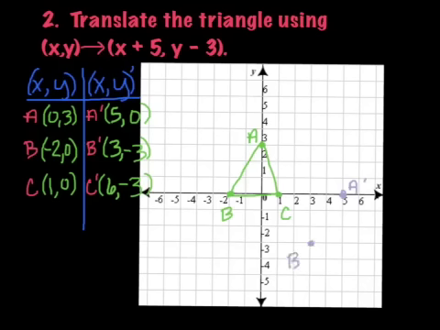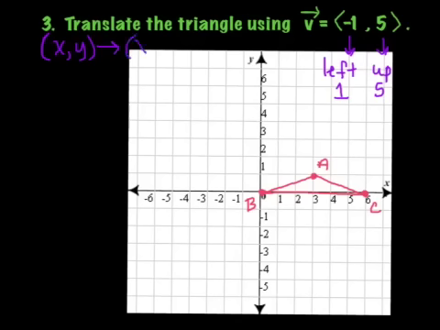And then this is up or down. Because it's positive, you'd actually go up 5. Okay? So it's basically the same. If you wanted to write it the way you saw the last problem, it would look like this: x minus 1, y plus 5.